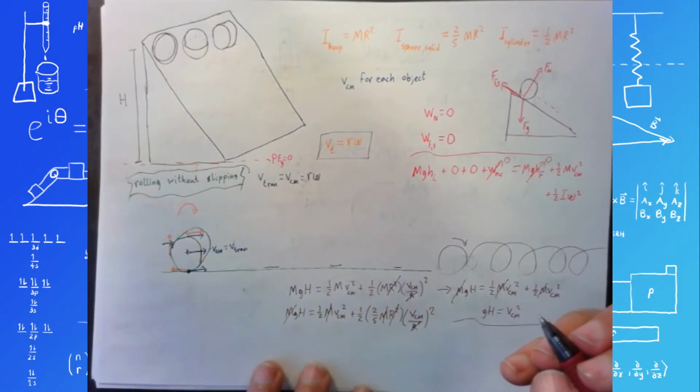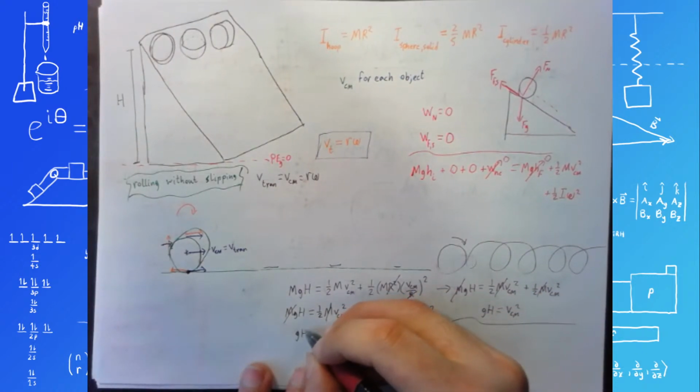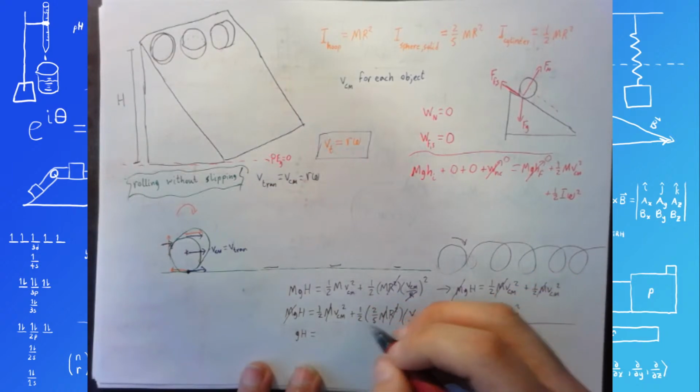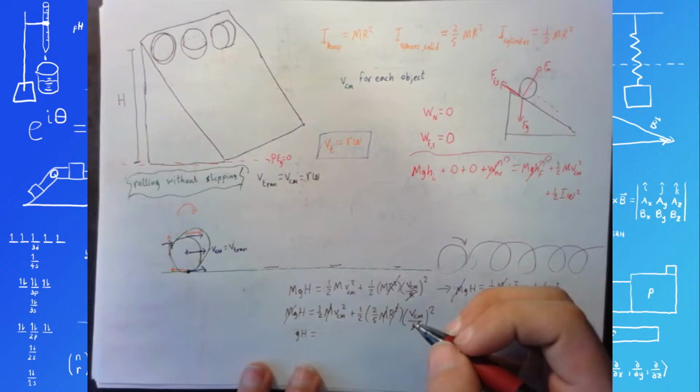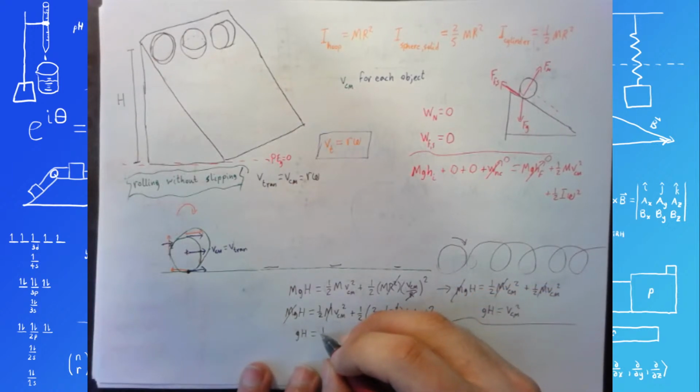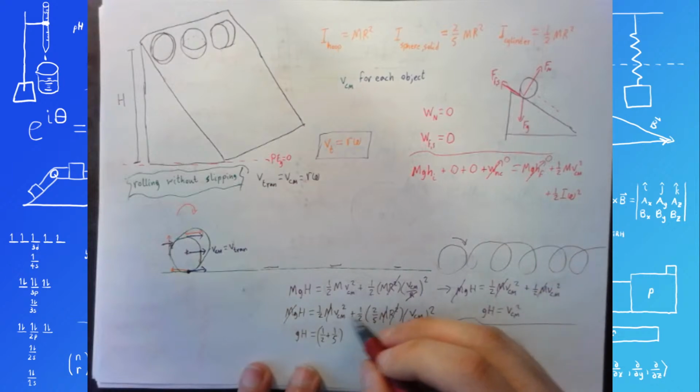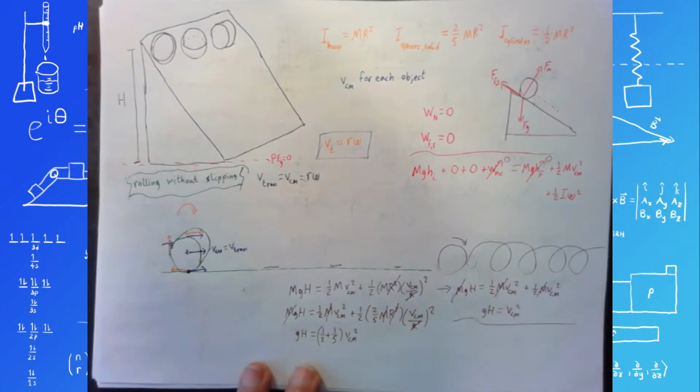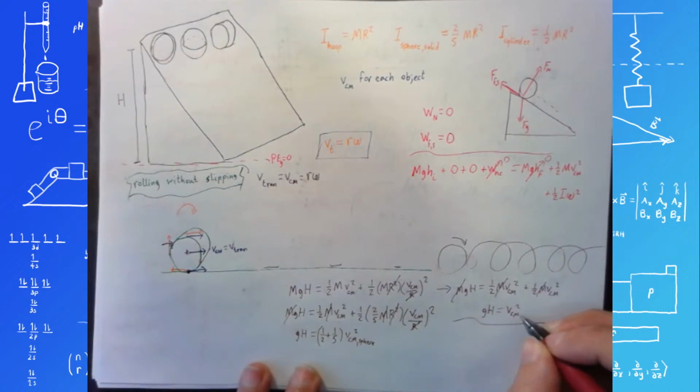And we are left with gh equals 1/2 plus a half times 2/5, which is 1/5. So 1/2 plus 1/5. And then all that's left is VCM squared. Yeah, at the very least, I should probably name the V's differently. This one is the sphere, VCM sphere squared, VCM hoop squared.